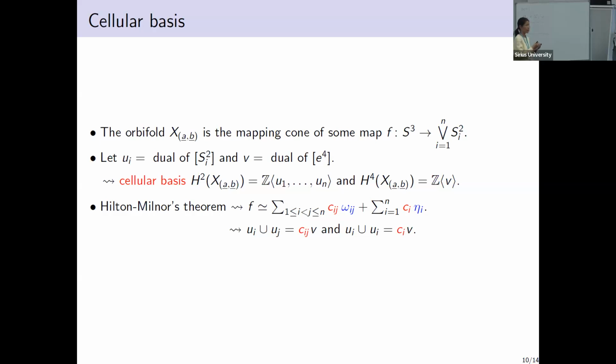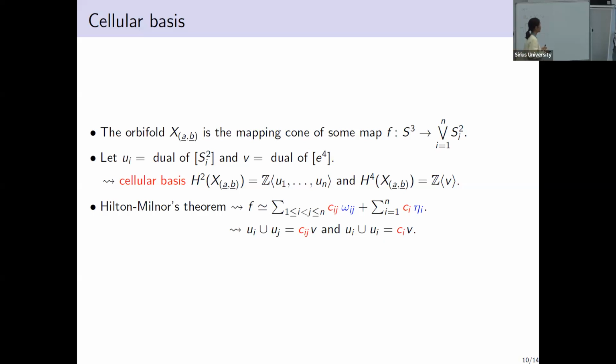But the difficulty using that algebraic model is we don't know how to find a basis or a set of generators in it. Using the homotopy theoretical point of view, we can get a basis, but we don't know how to describe the product structure. So our idea is to relate this cellular basis to some elements inside the weighted Stanley-Reisner ring, so we know how to do the product structure between cellular basis elements.